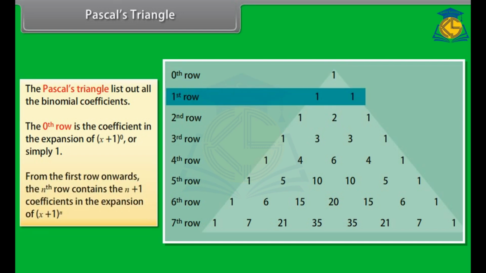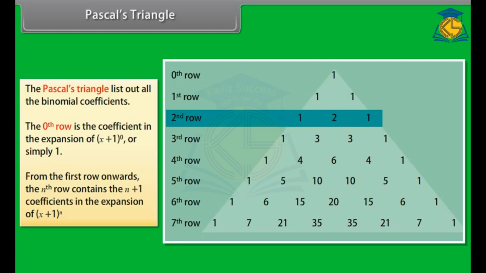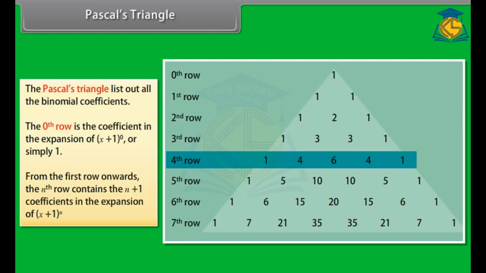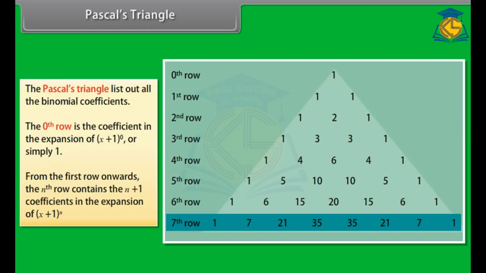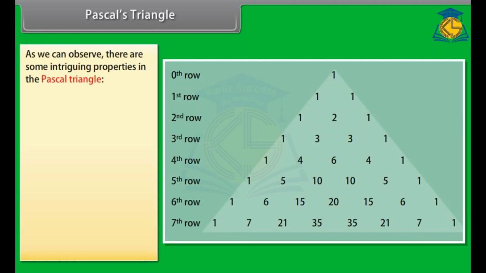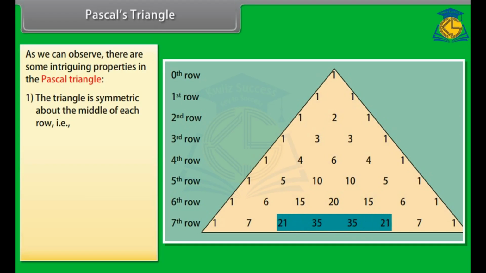From the first row onwards, the nth row contains the n+1 coefficients in the expansion of (x+1)ⁿ. As we can observe, there are some intriguing properties in Pascal's triangle. The triangle is symmetric about the middle of each row.